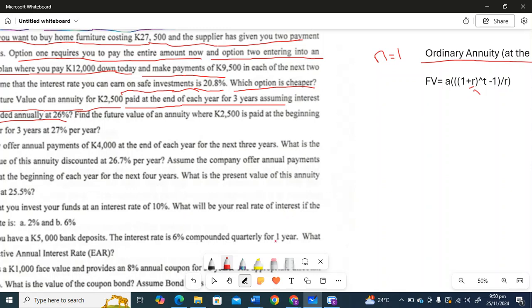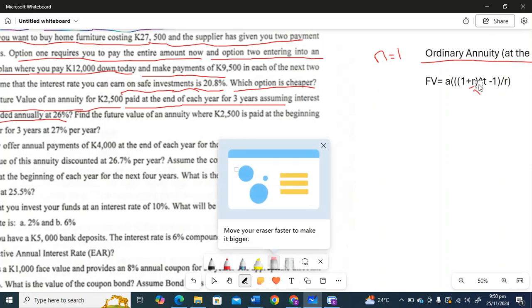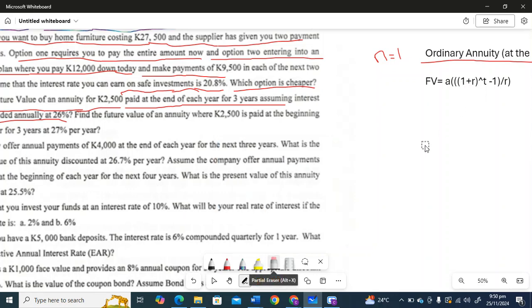But since it's 1, it's not going to affect anything. But if it was compounded semi-annually, n equals 2. So this interest rate, we divide it by 2, this time period we multiply by 2, and this interest rate would also be divided by 2.